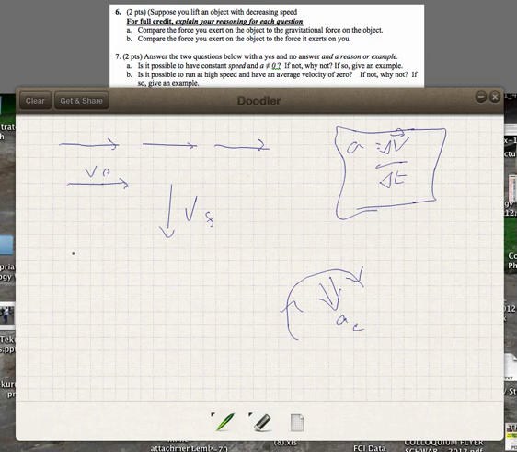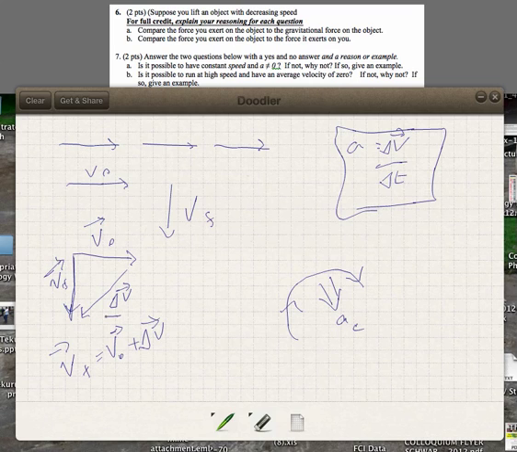In this case, v naught and v final, this is how I write it, because we recognize v final is equal to v naught plus delta v. So even though you had the same speeds, you had a change in velocity, which comes with an acceleration.